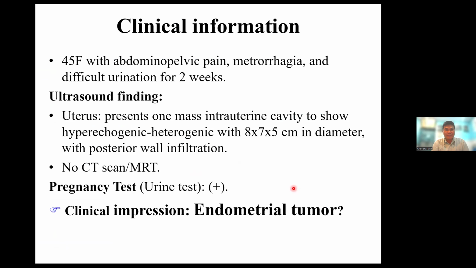Clinical information. A 45-year-old female with abdominal pelvic pain, metrorrhagia, and difficult urination for 2 weeks.